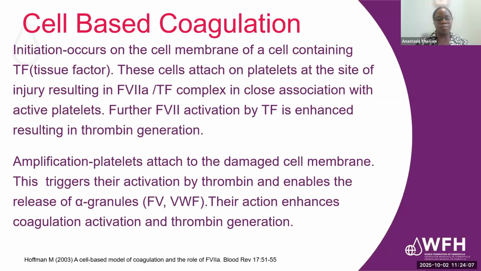As they become activated, they produce substances from within them, the alpha granules that contain factor 5 and von Willebrand's factor. And this enables the activation of coagulation activity around the site of injury. This coagulation activity then triggers the production of thrombin at the site of injury. Next slide.